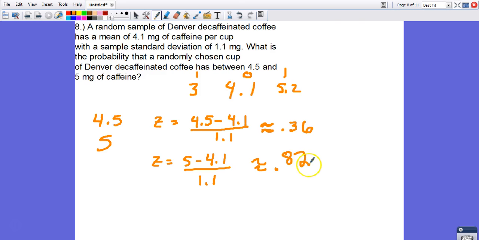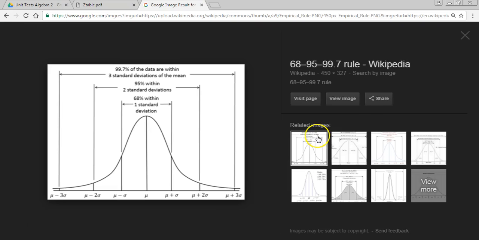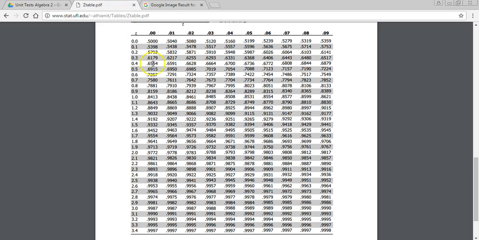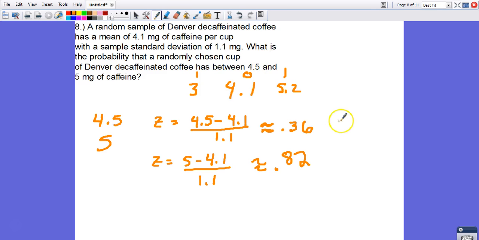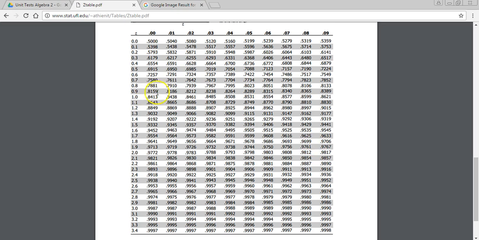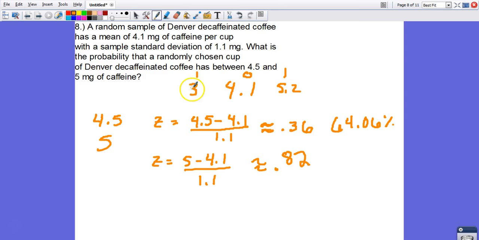Okay, now we just have to look those up on the z-table, 0.36 and 0.82. So let's see, I had it pulled up. 0.36 is 0.6406. So this is 64.06%, and 0.82 is 79.39.